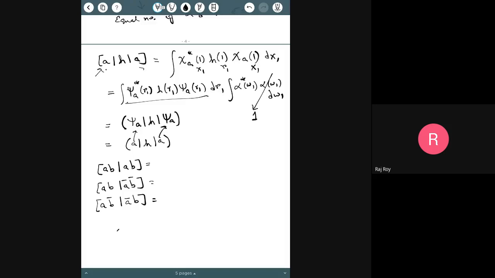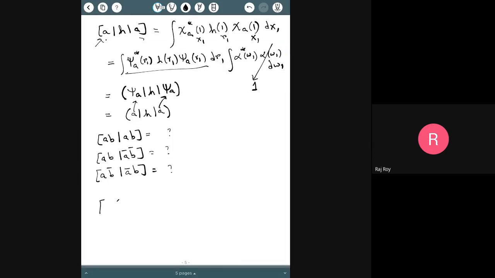The other way is a bit smarter. This you can of course do very easily. You can just write it out and separate out the spin parts. The other way is to just take this form and see which ones will exist.